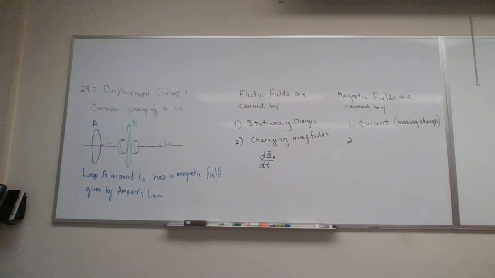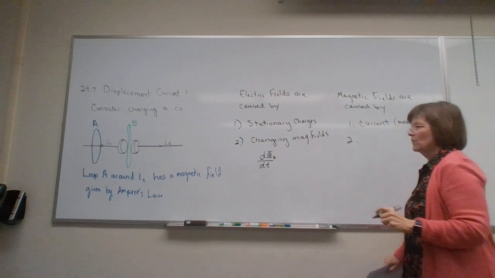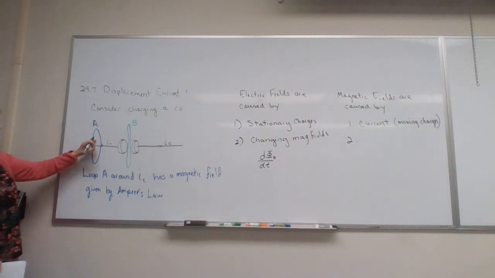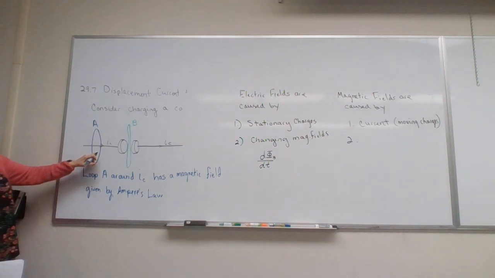We understand that we can make a magnetic field with an electric current. The magnetic field through A is caused by a current.